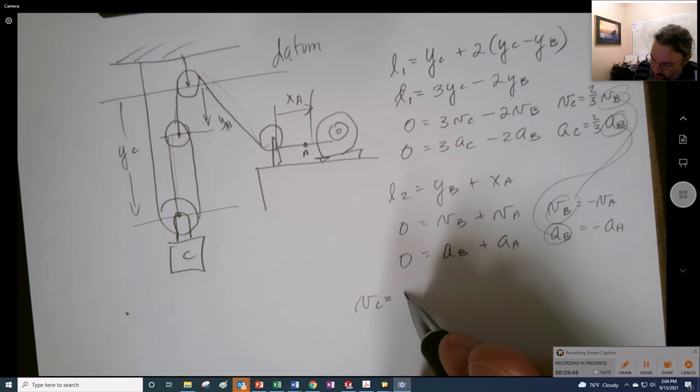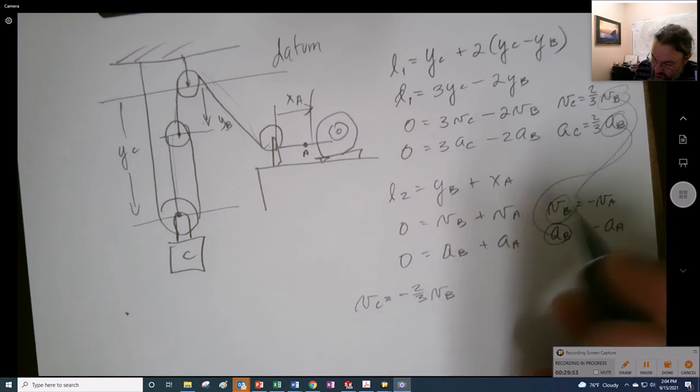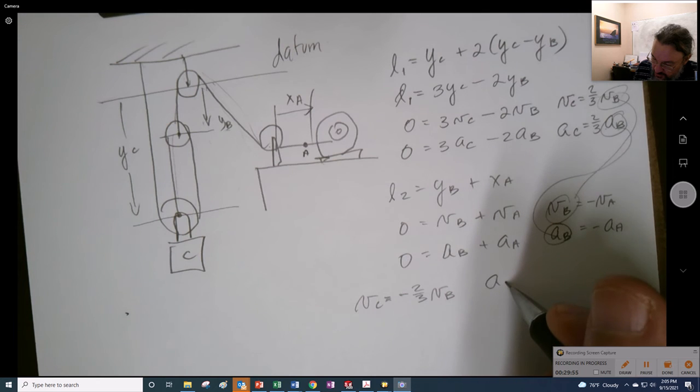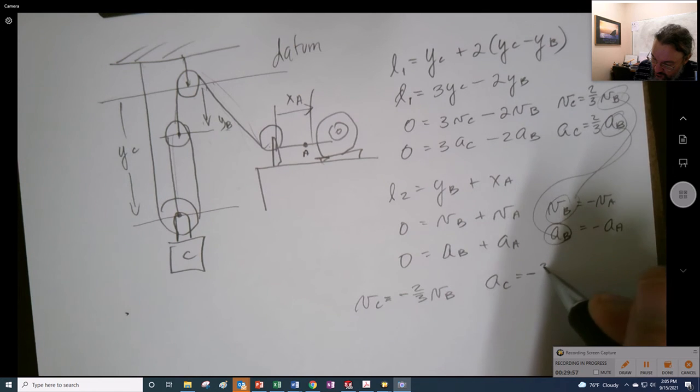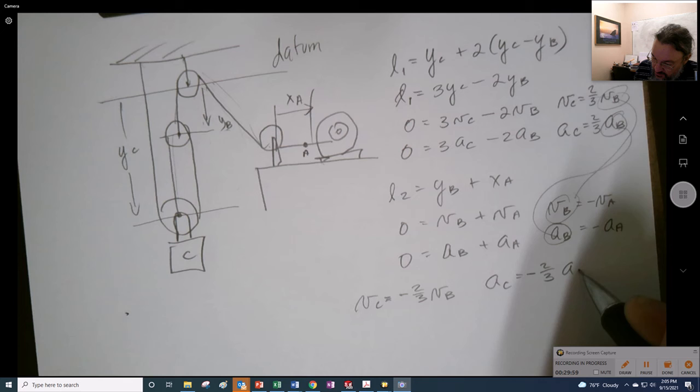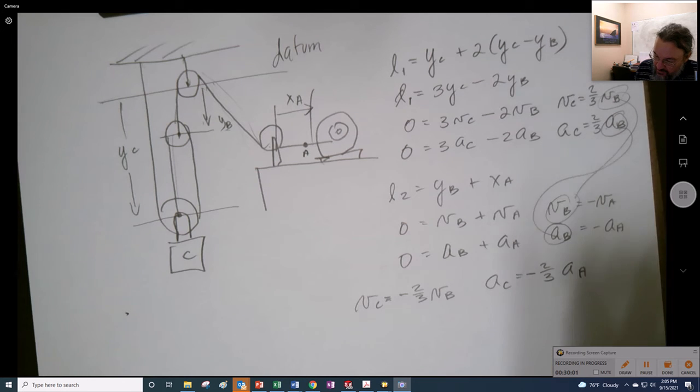So we have VC equal to a negative 2/3 VA, and acceleration of C is equal to a negative 2/3 acceleration of A.